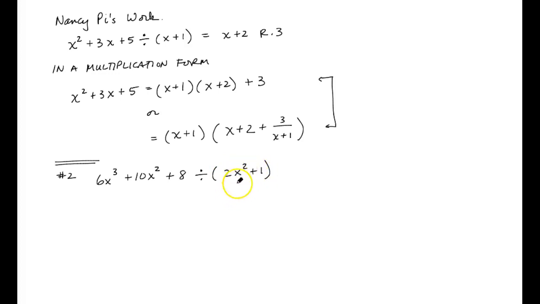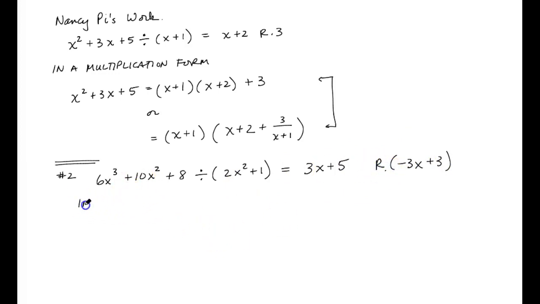So again, a binomial, but one that is a quadratic or a second order. And she found the answer to be 3x plus 5. That was the quotient. And then with a remainder of minus 3x plus 3. So it was not a constant, but a linear function.